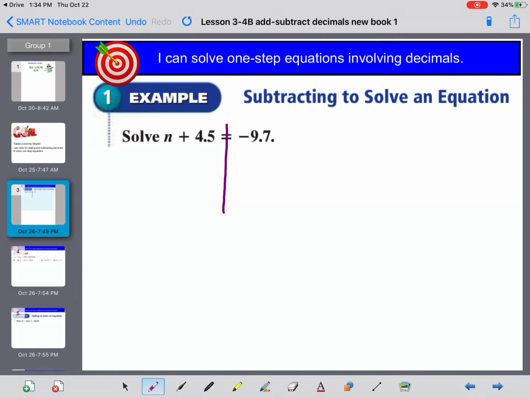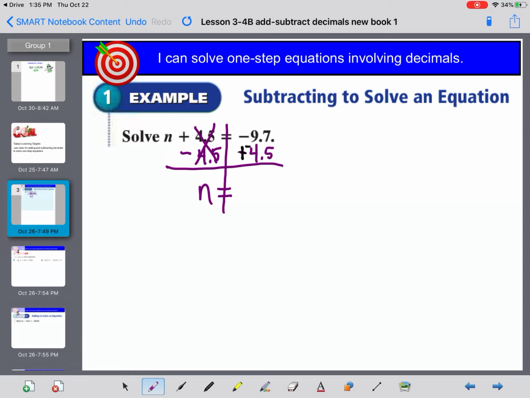N is adding 4 5/10. The inverse of addition is subtracting 4 5/10. N is equal to, now before I can continue, I have -9 7/10 plus -4 5/10.